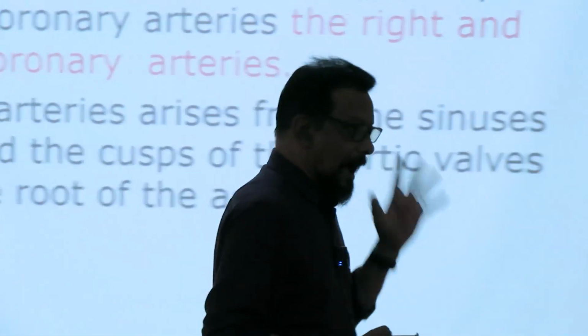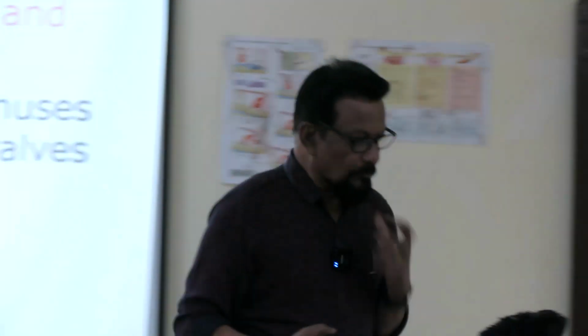So actually during systole, blood flow is reduced. It's unlike other organs. In any other part of our body, the tissue gets more blood during systole and less blood during diastole. But it is reverse in the case of coronary circulation.